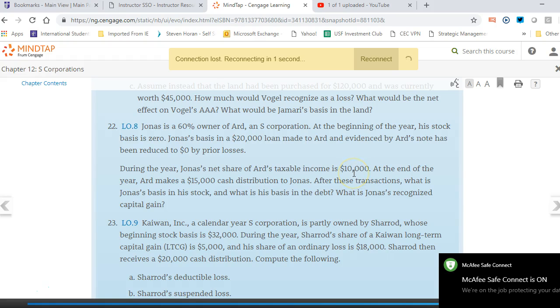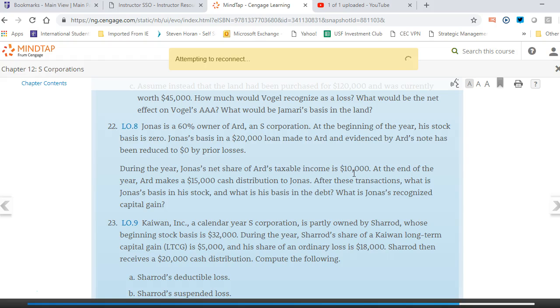So 10,000 makes basis go up to 10,000, but then we turn around and pay 15,000 to ARD. Because of that, he has to recognize capital gain of 5. So basis goes up by 10, but he's given 15, so 10,000 is non-taxable, 5,000 is capital gain, and his basis immediately goes back to 0.